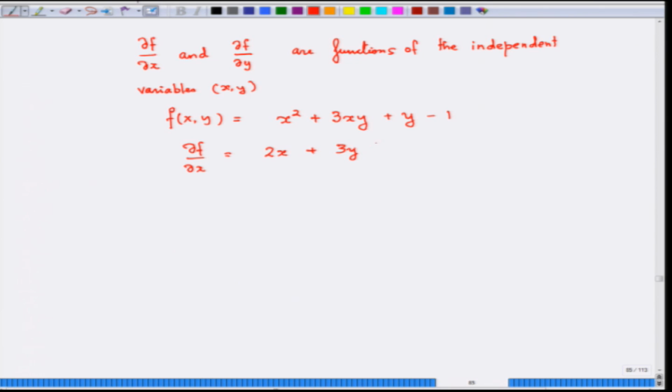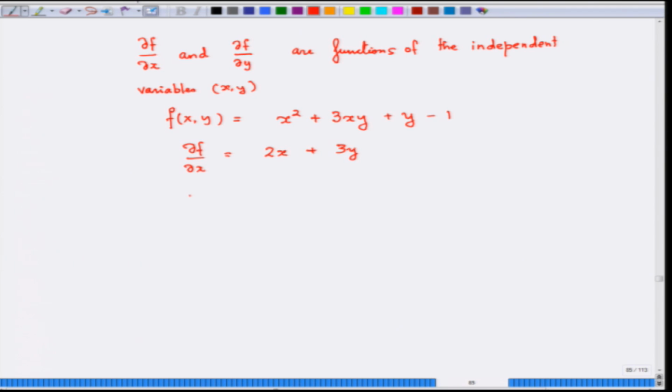This is a constant, so the derivative with respect to x is 0, and minus 1 is obviously constant, derivative is 0. So, it is 2x plus 3y, and you see it is again a function of the independent variables x and y.